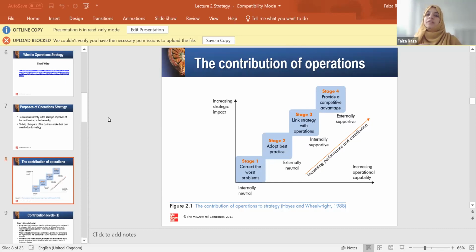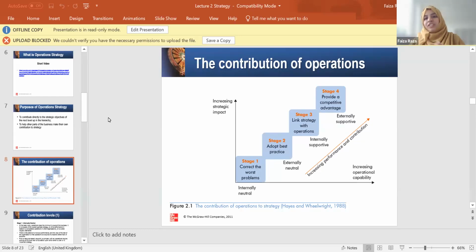How you are satisfying that customer need is basically correcting the worst problem. At stage 2, you are adopting the best practices. At stage 3, you are linking that strategy with operations, and at stage 4, you will be providing a competitive advantage.